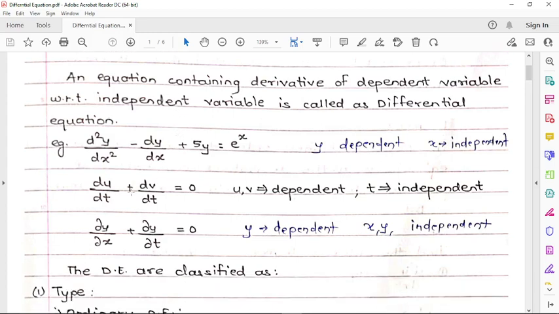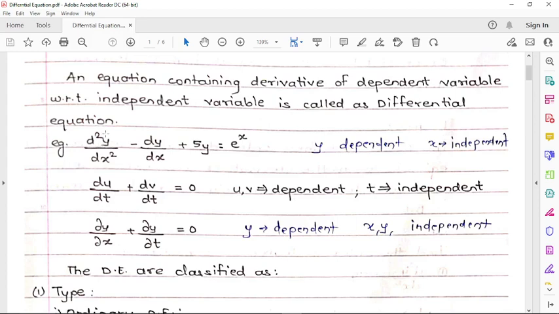Here we have some examples of differential equation. d square y by dx square minus dy by dx plus 5y is equal to e raised to x. Here we can see two variables are present, y and x. According to the definition, there are derivatives of the dependent variable with respect to the independent variable.